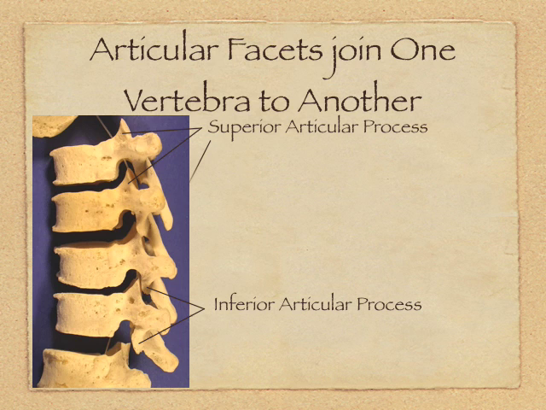And perhaps this is where it's easiest to see how the superior process of the inferior vertebra is in contact with the inferior process of the superior vertebra, and how this contact is immediately behind the intervertebral foramen. And there, right there, highlighted is the joint itself. That is a synovial joint.